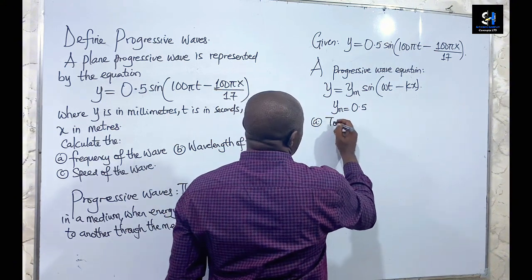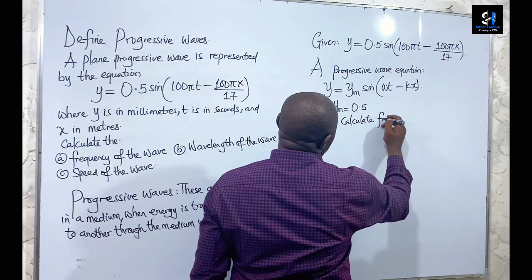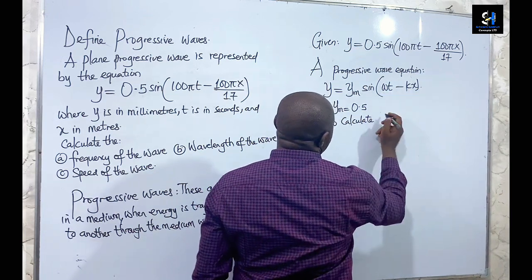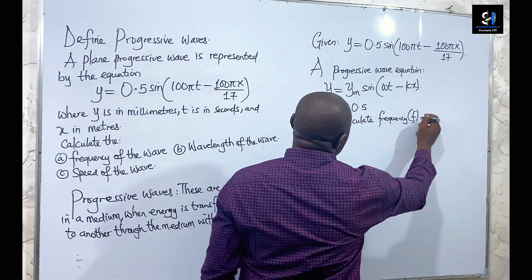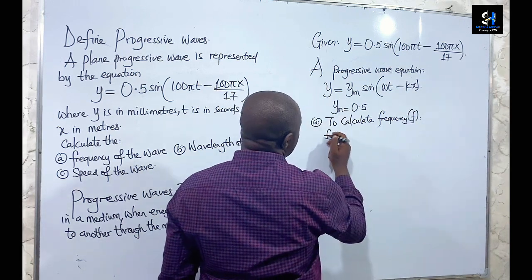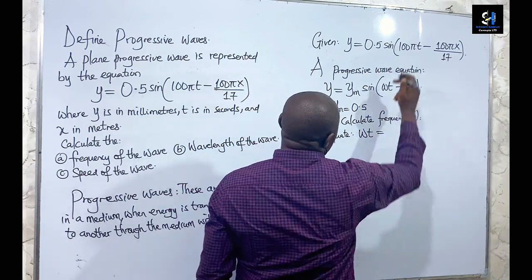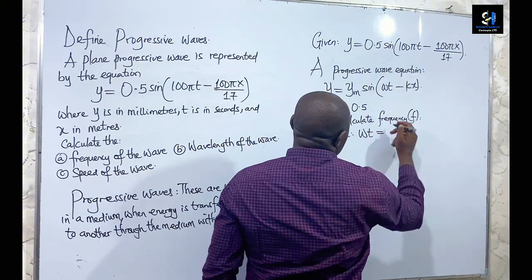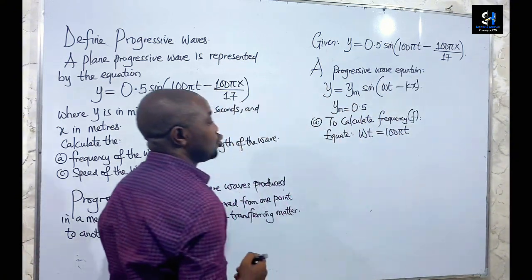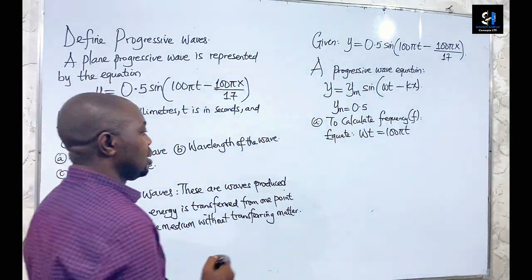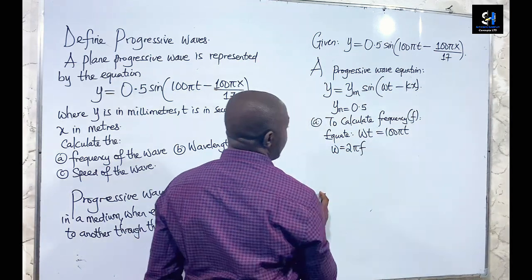To calculate the frequency f, we equate wt and 100 pi t. We know that w, which is omega, is 2 pi f.